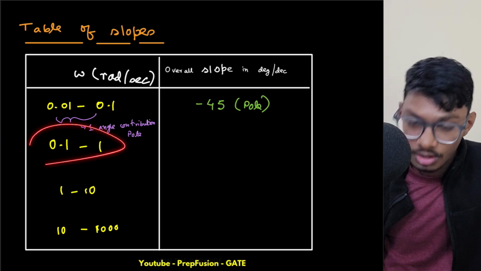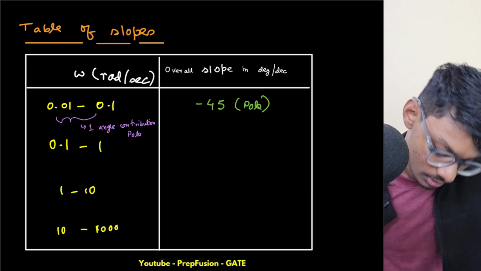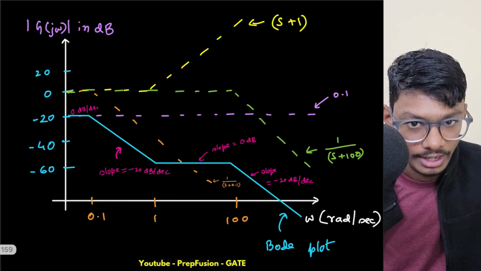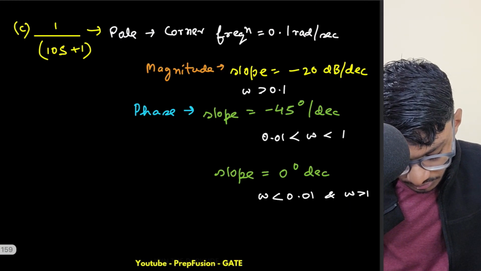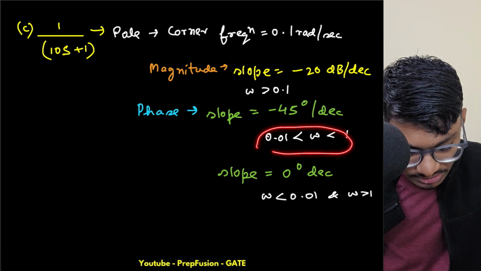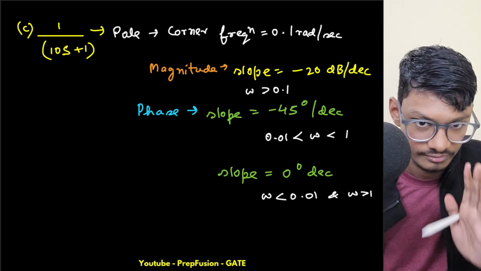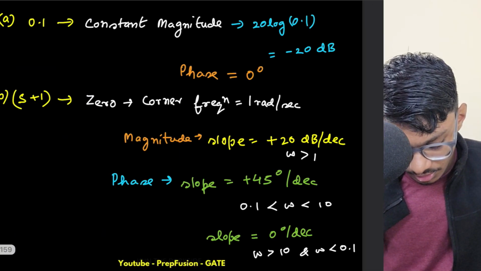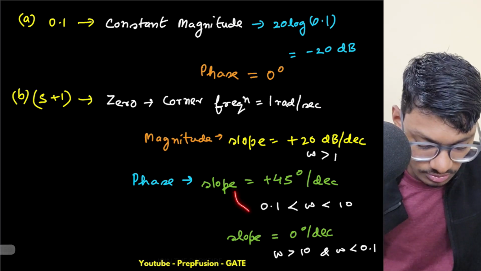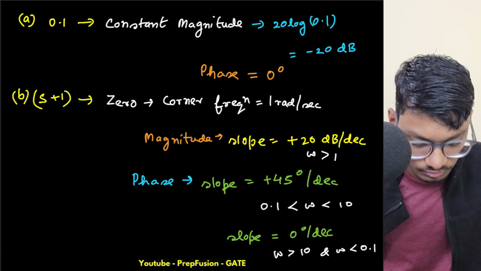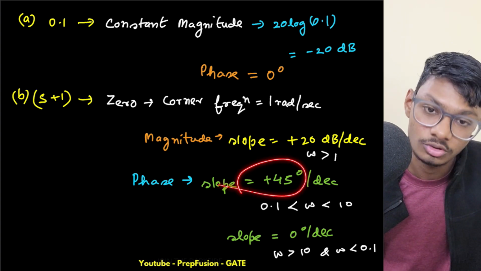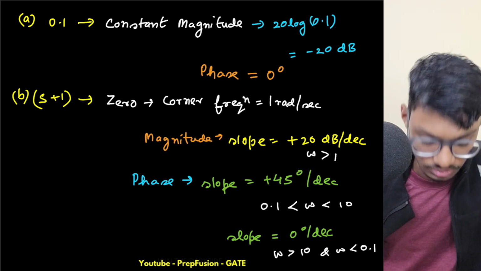Now what about this 0.1 to 1? Between 0.1 and 1, what do I have? If I observe this carefully, this 0.1 is lying in this range, so this will contribute minus 45 degree per decade. That is fine. Now just after 0.1, between 0.1 and 1, this will also contribute plus 45 degree per decade slope.